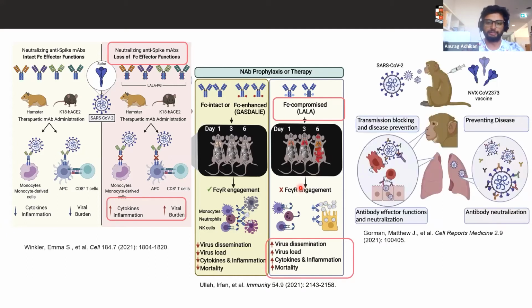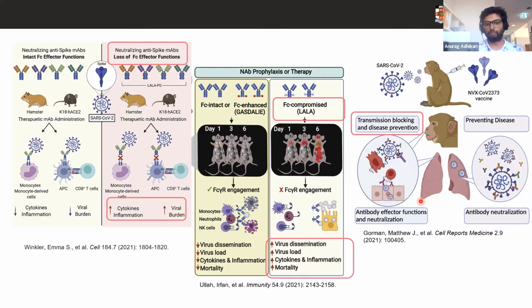And most importantly, it has recently been shown in a macaque model that with vaccination, where you induce antibodies which have functions other than neutralizing, you can actually prevent transmission. This is really important at this point, because we have more than a dozen vaccines for human use, but almost none of them prevent disease transmission, which is resulting in a prolonged pandemic, as we see.